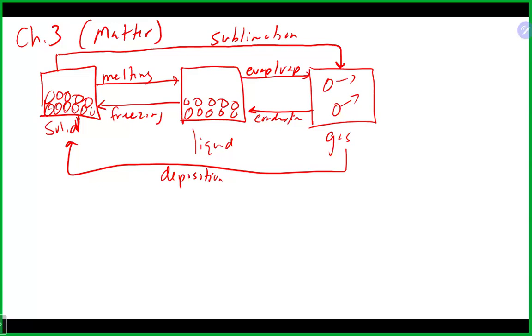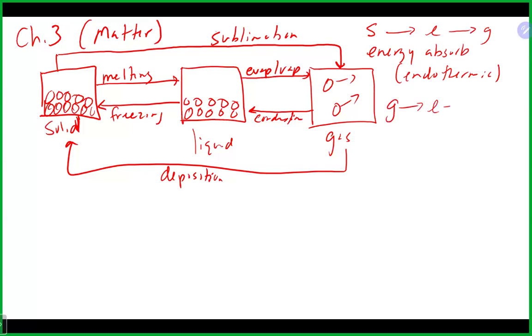Now, in terms of energy, as we go from solid to liquid to gas, those are all processes where energy has to be absorbed. And as we've talked about, when energy is absorbed, that is what is referred to as an endothermic process. And if you're going in the opposite direction, going from gas to liquid to solid, the gas molecules will have to lose energy, and energy is released in this process.